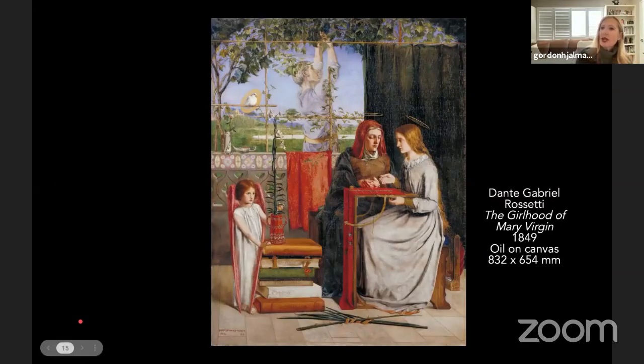Okay, the Pre-Raphaelite Brotherhood was made up mostly of 7 artists: Dante Gabriele Rossetti, we have Holman Hunt, we have Millet. So we have 7 artists who knew each other at school, art school, I believe, and they decided to create this brotherhood.